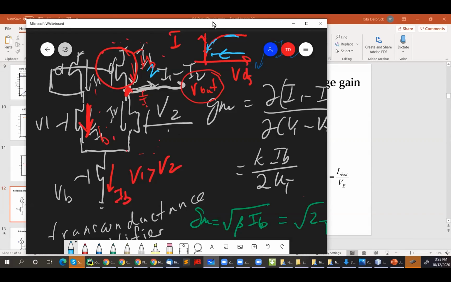And so that means your V out can be close to VDD, right? But it cannot be right at VDD, but it can be close to VDD. So now the difficulty is that, let's go the other way. Let's now assume that V2 is much greater than V1.